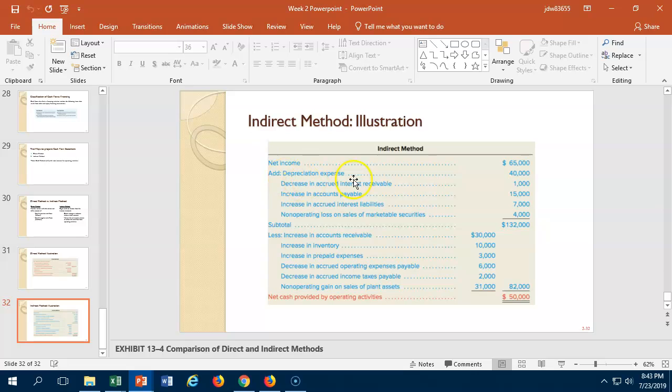You start with net income, so you're adding back depreciation expense, a decrease in accrued interest receivable, increase in accounts payable, increase in accrued interest liability, and then you're subtracting out the increase in accounts receivable, increase in inventory, increase in prepaid expenses, decrease in accrued operating expenses payable, decrease in accrued income tax payable, and non-operating gain on sale of plant asset.